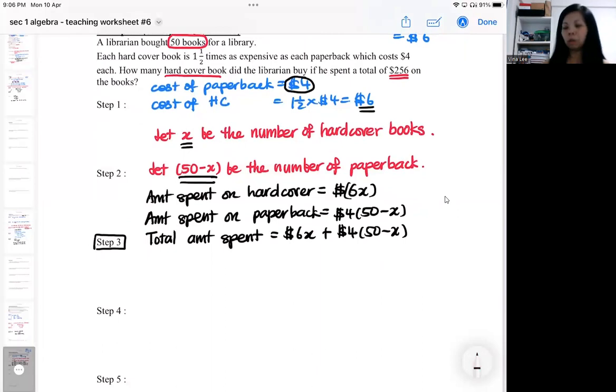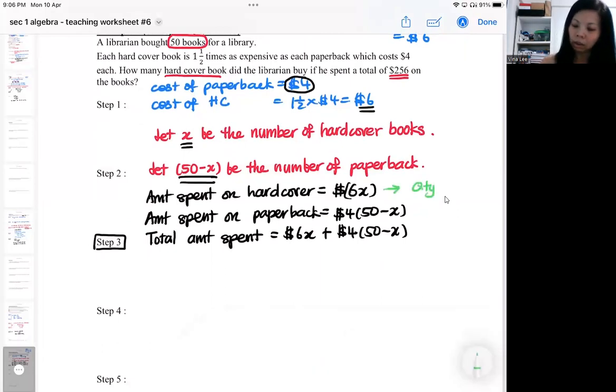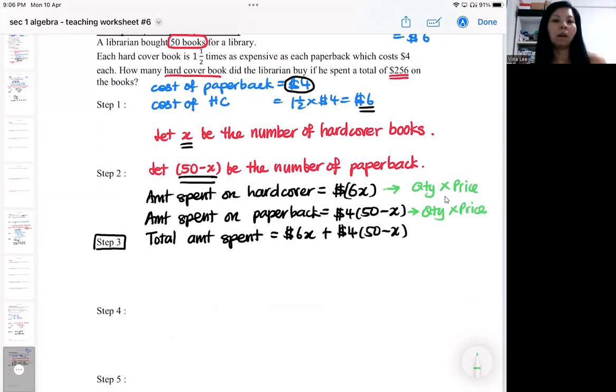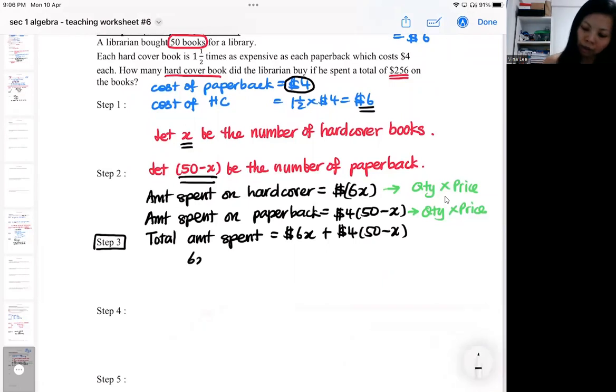So we got the quantity times price here. The quantity of hardcover times the price of the hardcover, and the quantity of paperback times the price of paperback. Then we add them up. So eventually 6x plus 4 bracket 50 minus x is equal to 256.